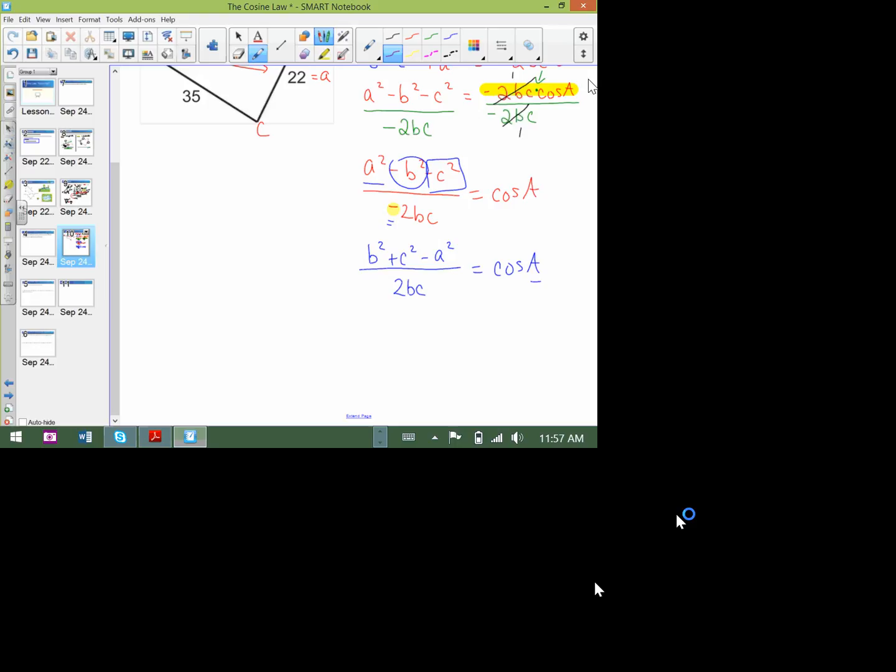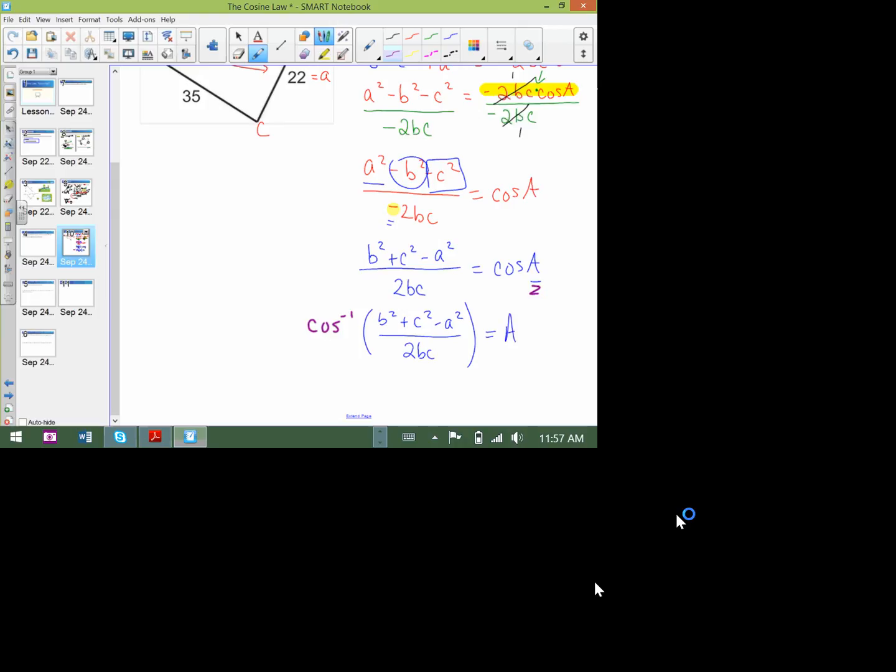We want to solve for A. Remember that to return the angle from its cosine, we need to take the inverse. So let's take the inverse of b squared plus c squared minus a squared, all over 2bc. That gives us angle A.